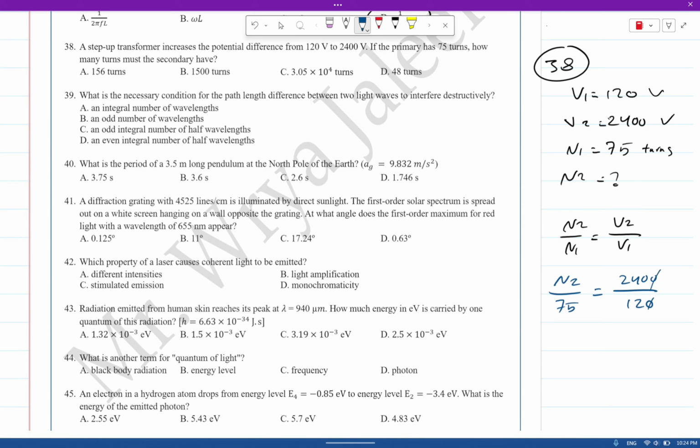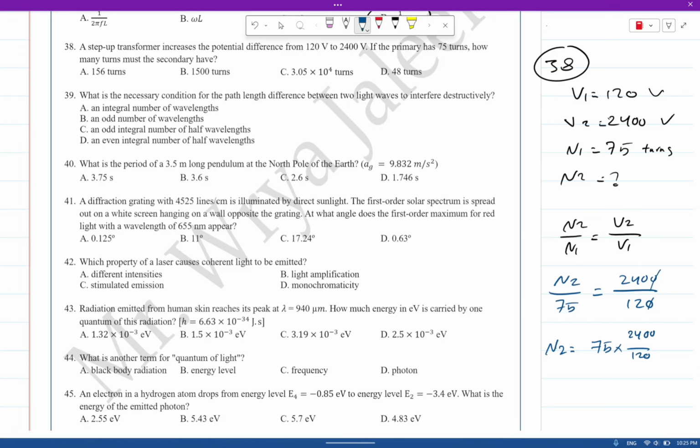So you could simplify those, of course. 24 by 12 is basically 2, so that is going to be 20 times 75. You don't have to go through this one, just cross multiply. So N2 is equal to 75 times whatever the answer to this fraction is. Let me just rewrite it: 2400 divided by 120.